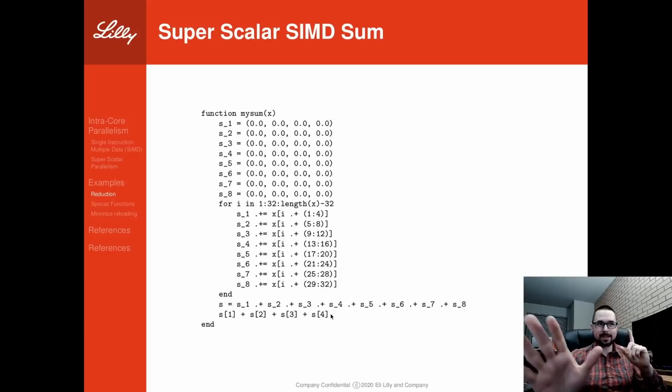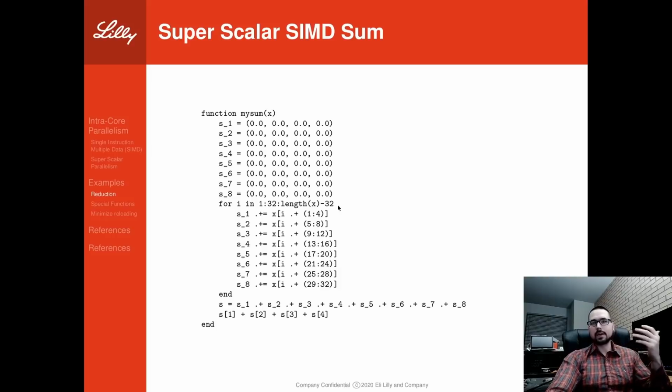Something that is missing from this example, of course, is that tragically, by some cosmic oversight, not all vectors happen to have lengths that are a multiple of 32 or 64. I don't know why not, but it just seems to be that that's the case. So we have to handle the remainder.